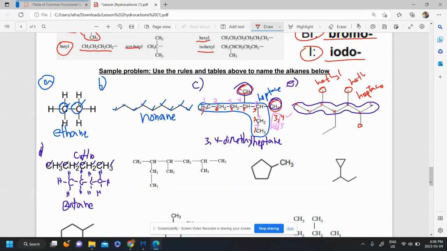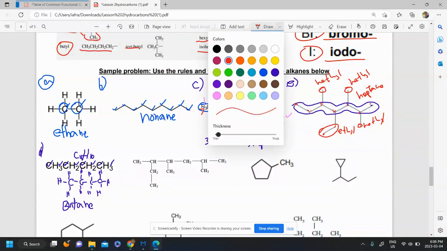Methyl here, methyl here. And then this one here is a 2, so it's an ethyl. So here we have to number these to get the lowest possible substituents.